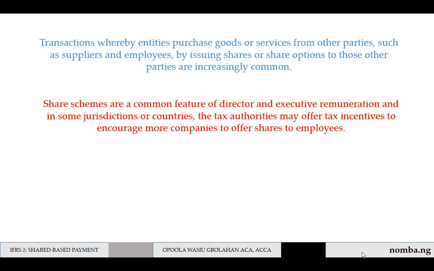Also, share schemes are a common feature of directors' and executive remuneration, and in some jurisdictions, the tax authorities may offer tax incentives to encourage more companies to offer shares to employees.